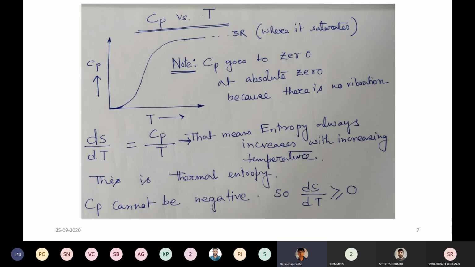And we should say dS/dT is greater than 0, because reaching absolute 0 is impossible. Only at absolute 0 can dS/dT be 0, and reaching there is not possible as per the third law of thermodynamics.